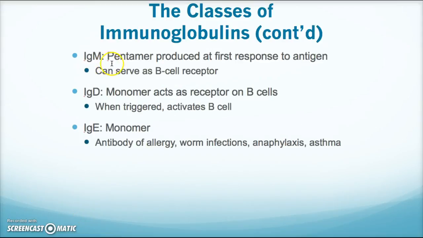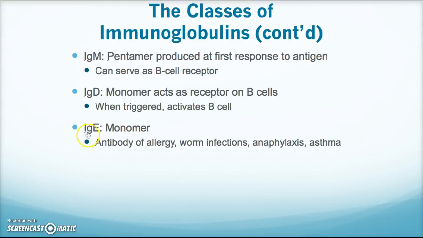We have IgM, and it's a pentamer, which means that there's 5 antibodies that are all bound at the bottom portion of the Y, and they can do a first response to an antigen, so they can serve as that B cell receptor. We have IgD, which is a monomer, so a single Y-shaped immunoglobulin that can act as a receptor on B cells. So it's the one that would stick out on those B cells and recognize an antigen, and then when it recognizes one, it would activate the B cell.